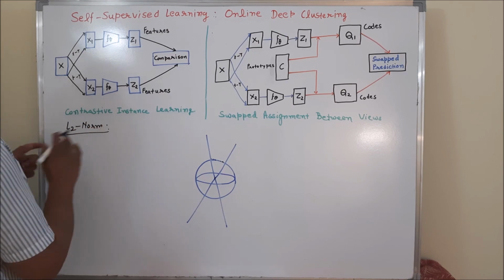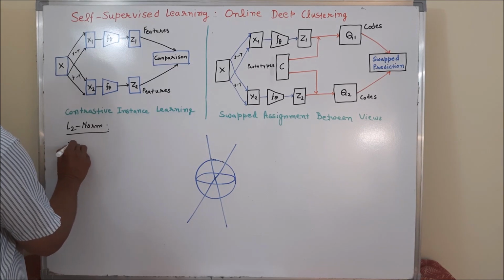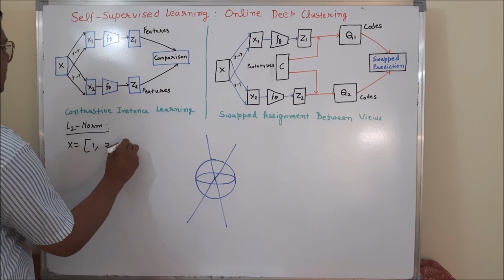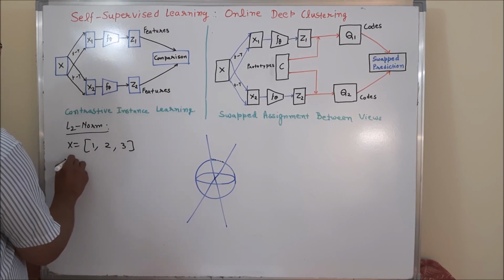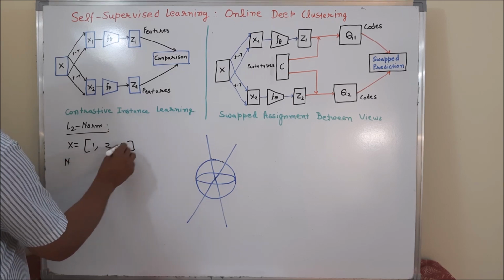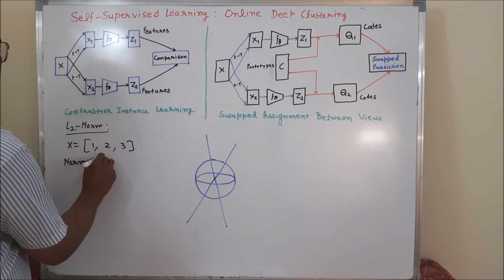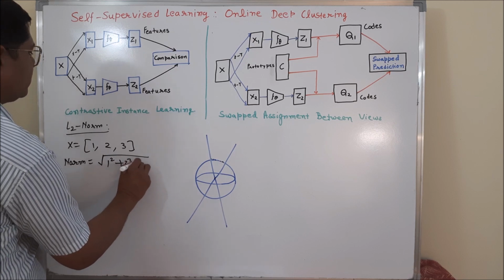Instead of going into a lot of theory, I will just explain how we can get the L2-Norm. Suppose we have data like this. To get the L2-Norm, we take the square root of the sum of all the numbers' squares. So it will be equal to the square root of 1 square plus 2 square plus 3 square.